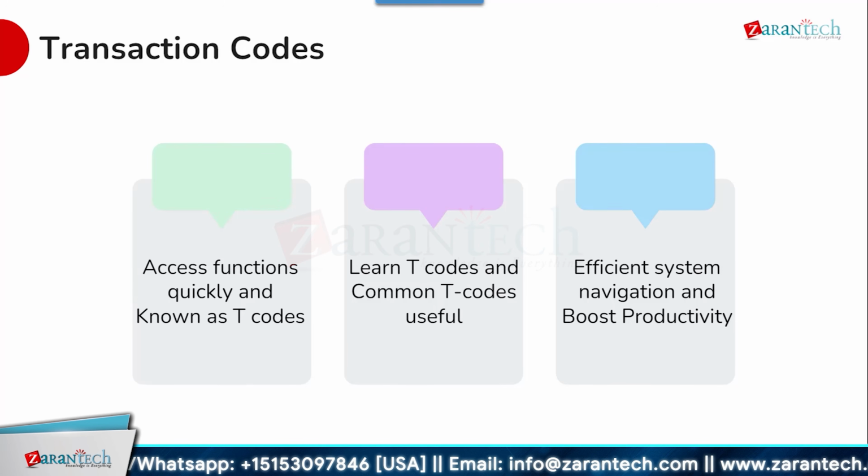You need to memorize some common T codes that can significantly speed up your work in SAP. Examples include FB01 for posting a document in financial accounting, or VA01 for creating a sales order.